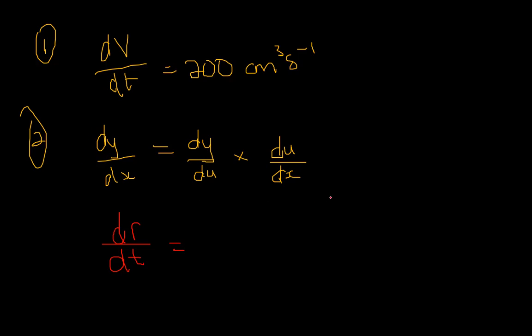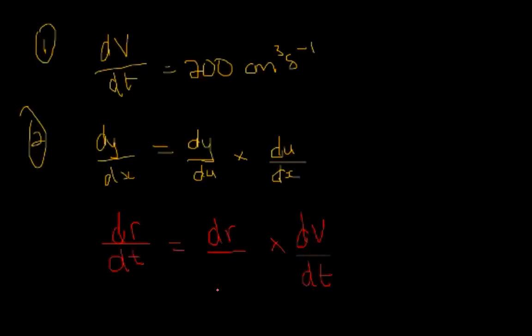So how can I modify this chain rule here to get what I want, which is dr on dt? Well, I know the dr has to come on top here. I don't know what needs to be at the bottom. And I also know that they gave me this right here, dV on dt. So what should come here in order for these two things to cancel out and give me dr on dt? dV, right?